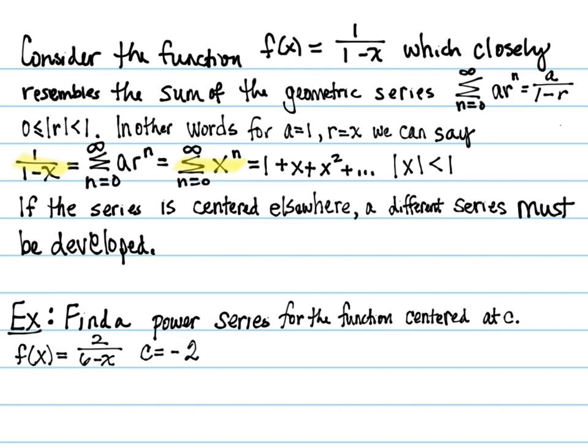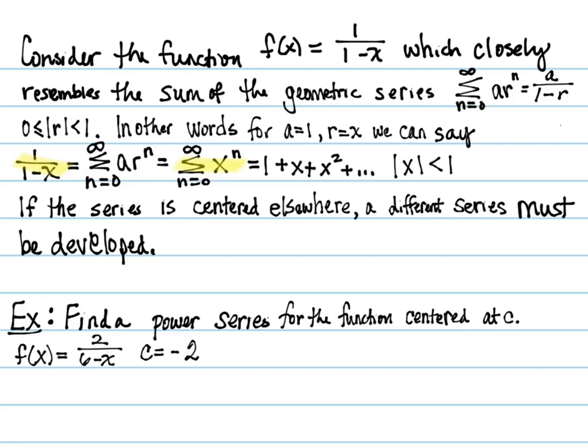My goal is to get it to look like the geometric series, a over 1 minus r. So we're going to be manipulating the function that we're given to have that feature. But we also have to manipulate it in such a way that it's centered at c equals -2. So we're going to start with the c equals -2 part of this.